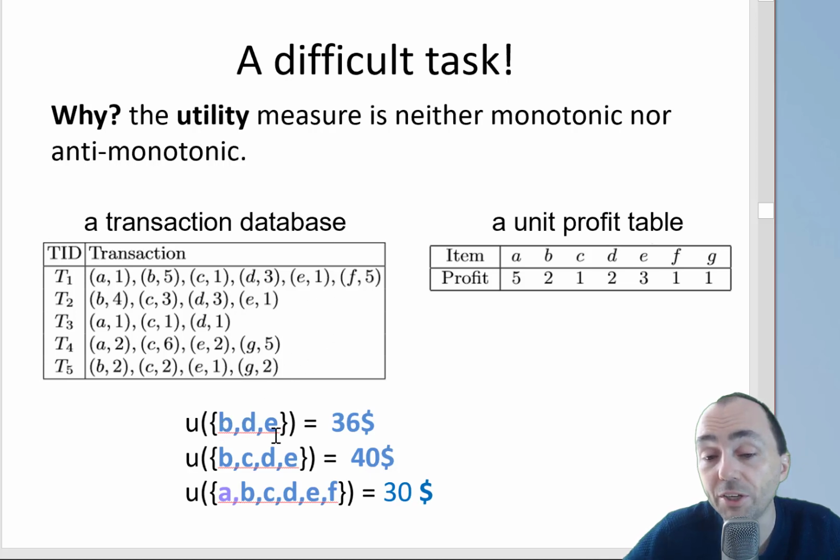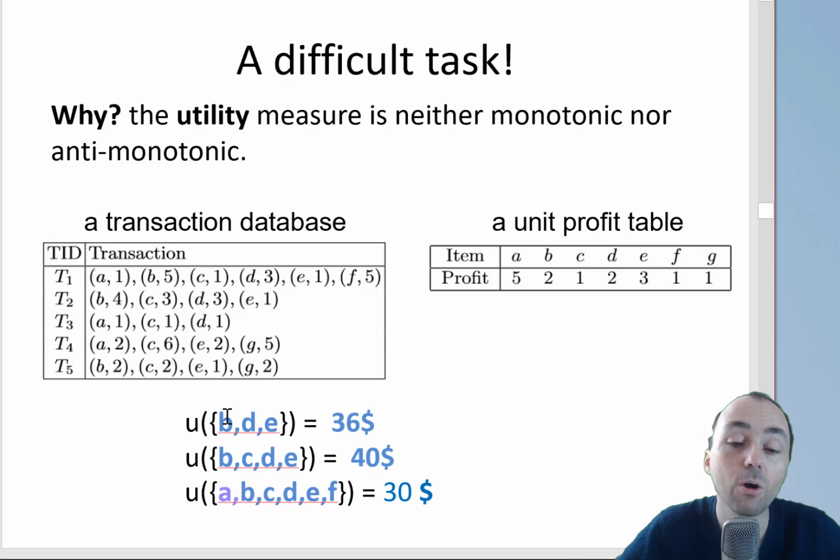So if you have BDE making $36, you look at the supersets like BCDE or ABCDEF. The money can be more or less. For BCDE, if you add C, it can make more money because you buy more things. But in the case of ABCDEF, it makes less money.